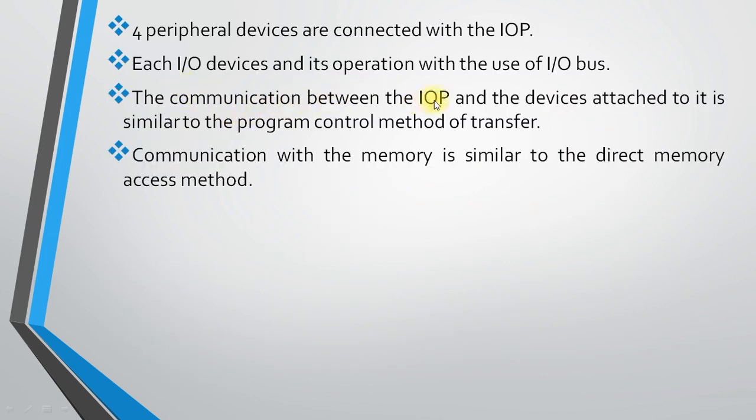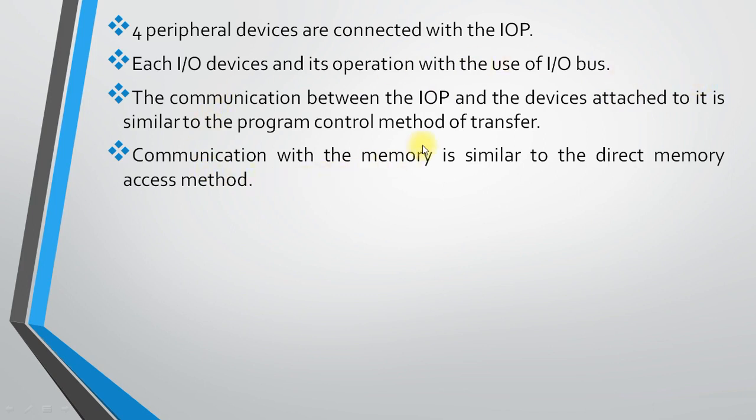The communication between the IOP and the peripheral devices attached to it is similar to the program control method of transfer. So generally, the way a program transfers the data, the same communication is possible between the IOP and the attached devices.